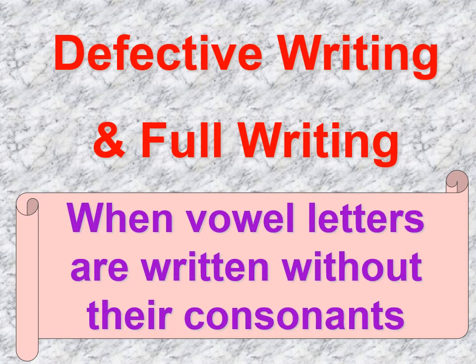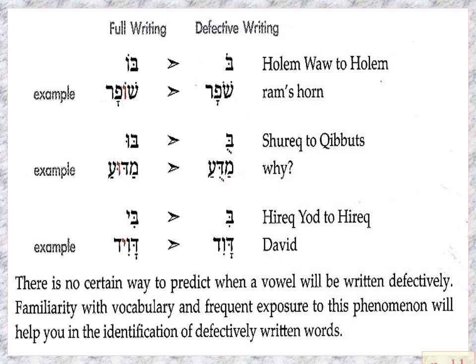Remember that sometimes, depending on a document, when the document may have been written, you'll have vowel letters that are not written with their consonants. So for example, the word shofar may appear in another writing defectively, as they call it. I know the term is terrible, but that's what we've been given. Defective writing. So it could also appear just looking like a holum.